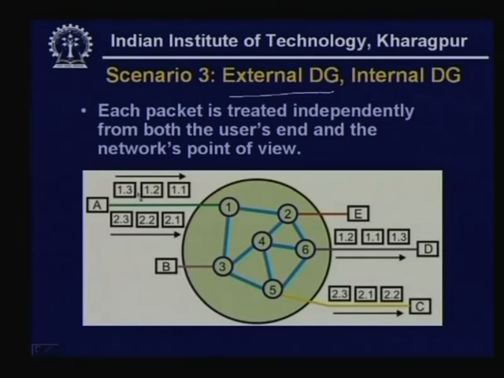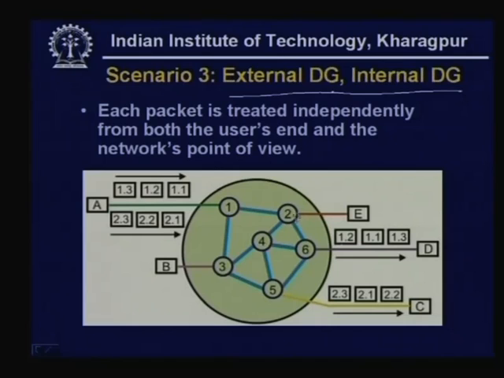Although 1.3 was sent at the end, it has reached the destination earlier than 1.1 and 1.2. Similarly, 2.2 has reached earlier than 2.1, although 2.1 was given to node 1 earlier than 2.2. So, you see here in both the cases the packets have reached out of order, which is possible in case of external datagram and internal datagram.